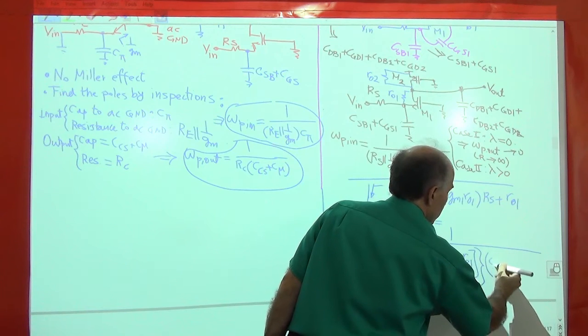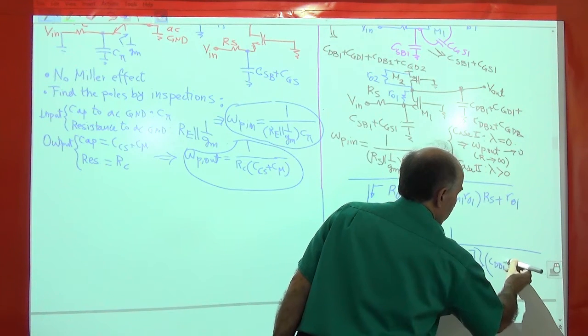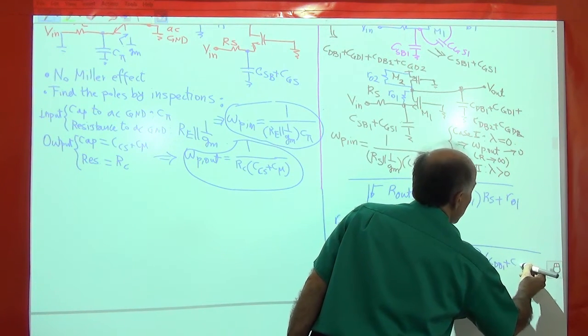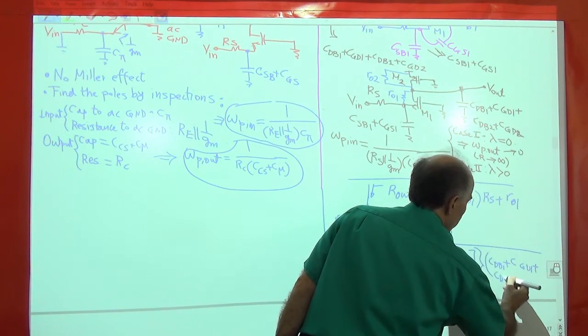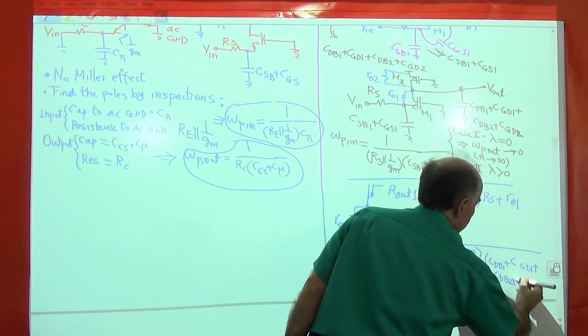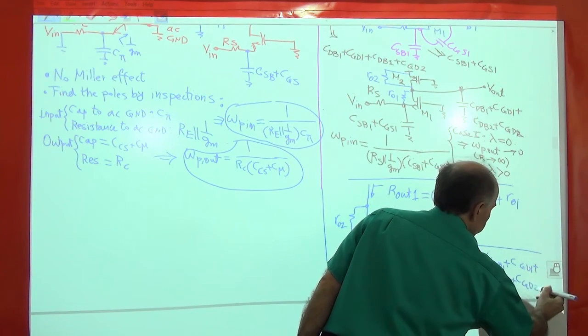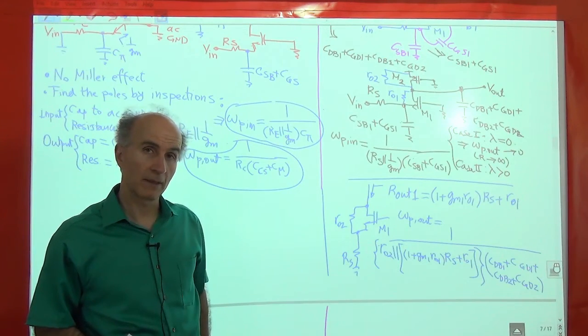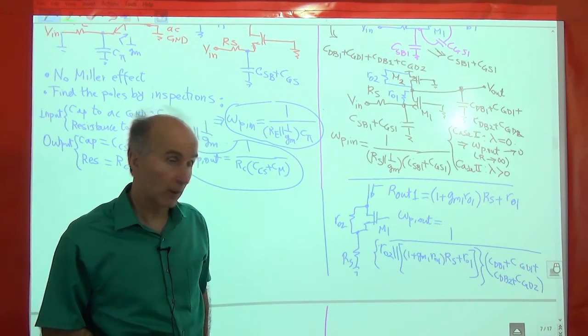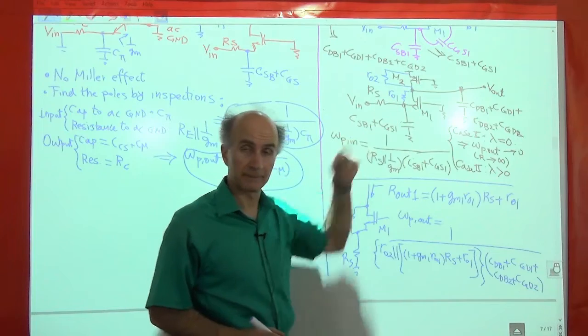So CDB1 plus CGD1 plus CDB2 plus CGD2. That is the output pole frequency of this circuit.